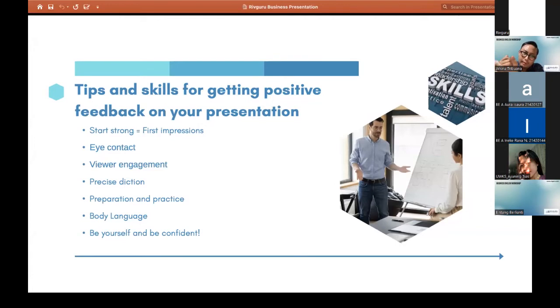So try to find your unique points, talk in your own character, and just go at it. Be confident, yeah? And I think part of the preparation is going to make you more confident. If you do business presentations a lot in the future, it's going to be a regular thing, and straight away you're going to be more confident as a standard practice.